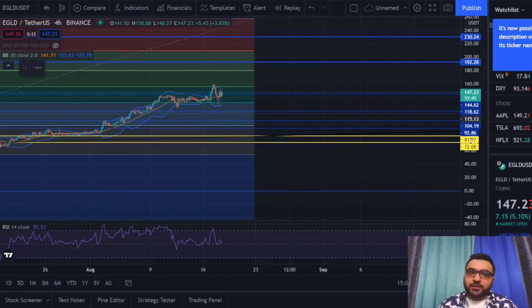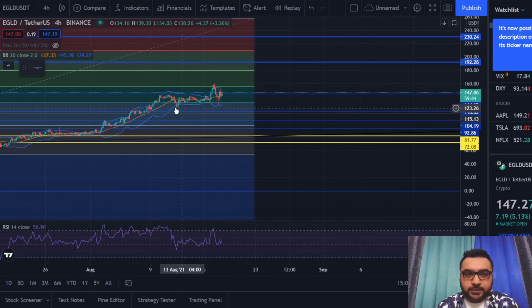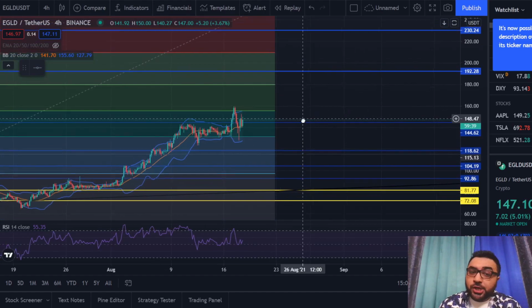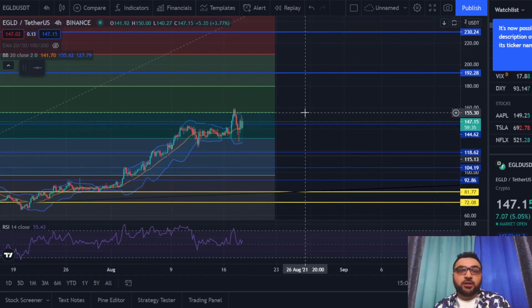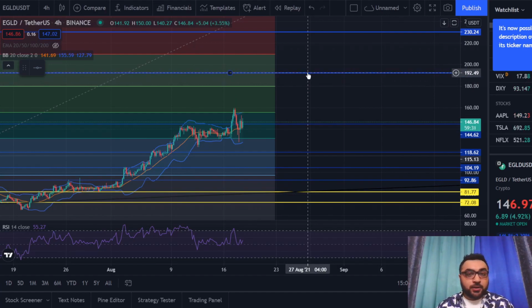If it doesn't fall below this $130 range, it's consolidating very nicely. This could be a good buy with a proper tight stop loss. And if you see the breakout happening from this $155 range to as high as 180 or 190, then it's a perfect setup, right? It's still a good time to buy cheap L1. Whether you're trading or looking long term, both are good as long as you have tight stop losses, right?